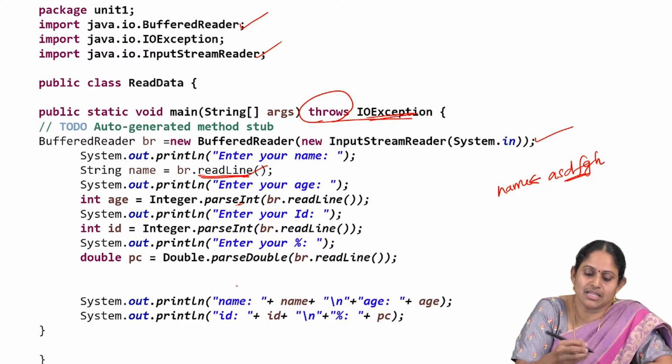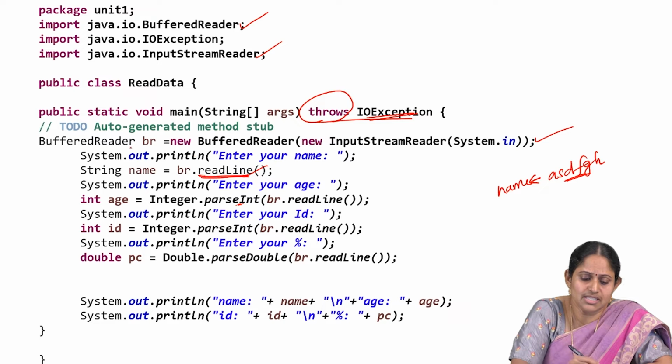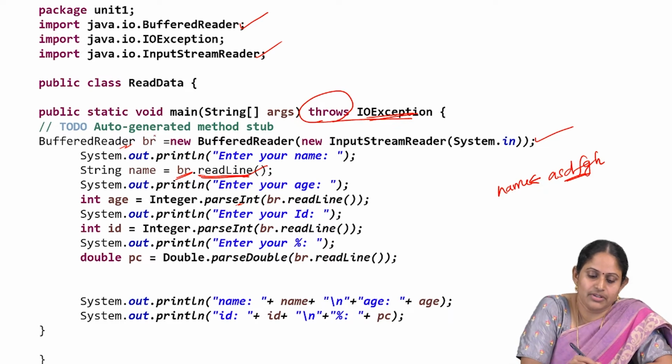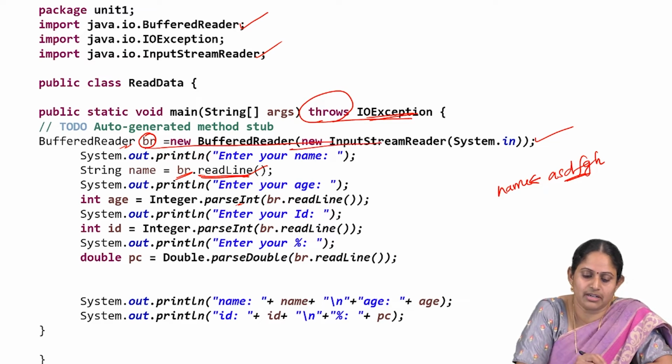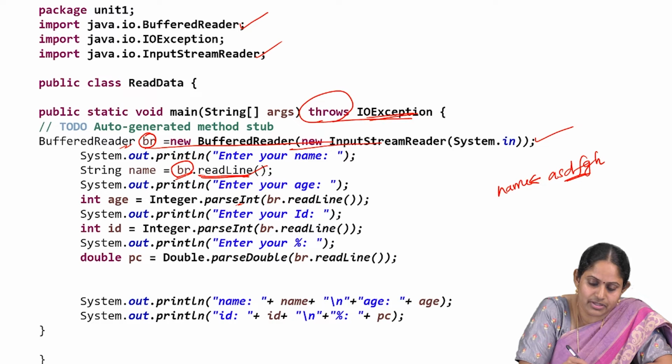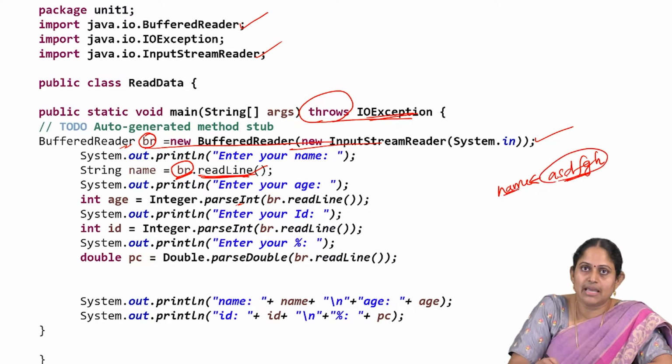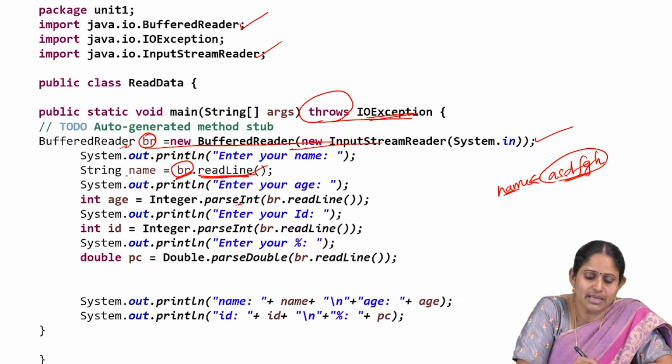These methods are available inside BufferedReader. First we create the BufferedReader object, and then using that object we call readLine. So once we enter the name, that string will be stored into the name variable, of type String.